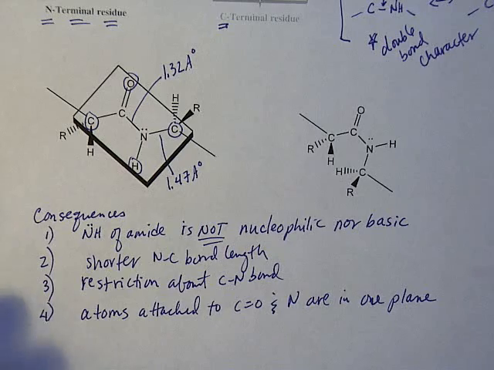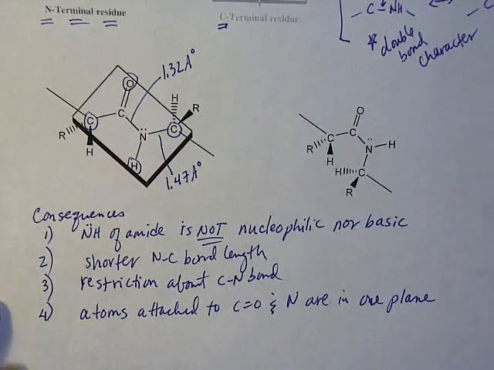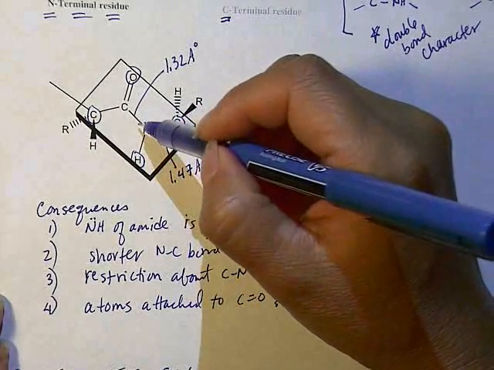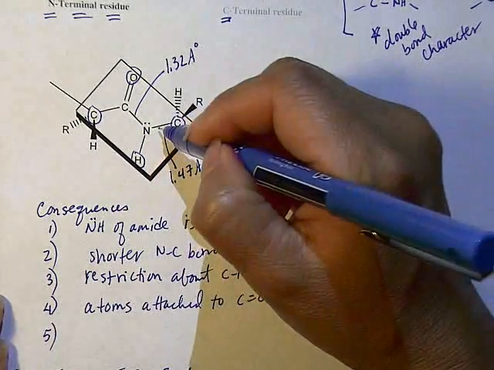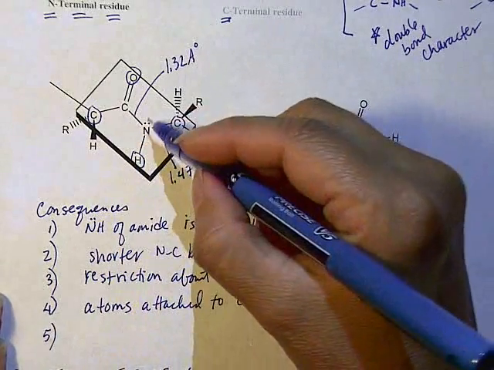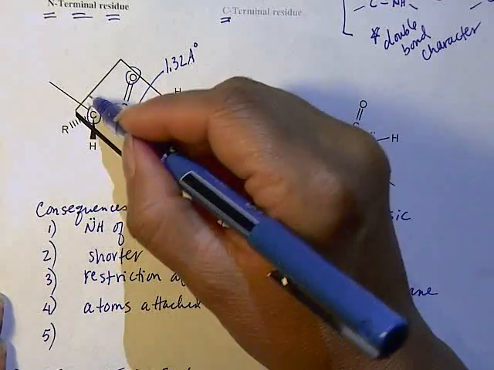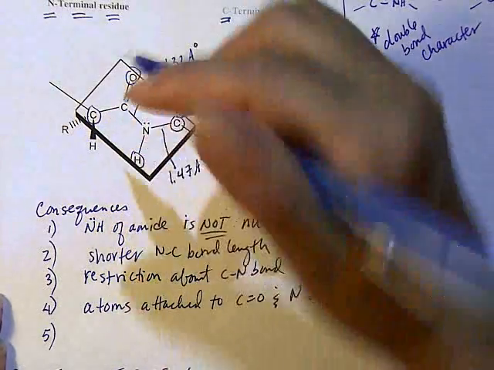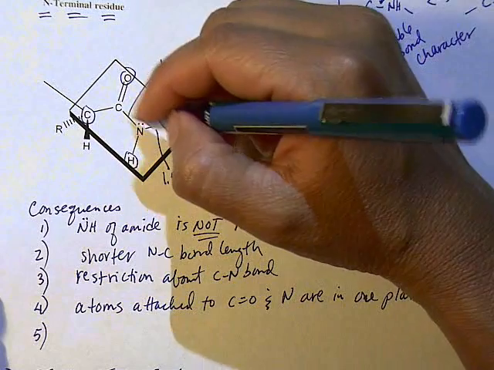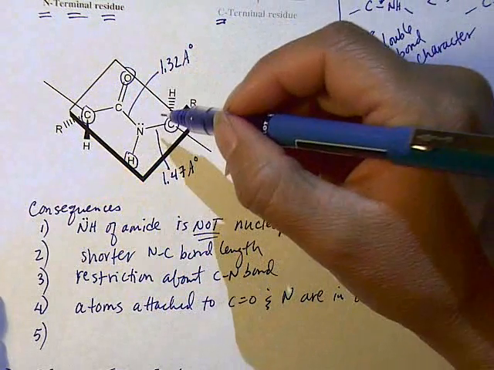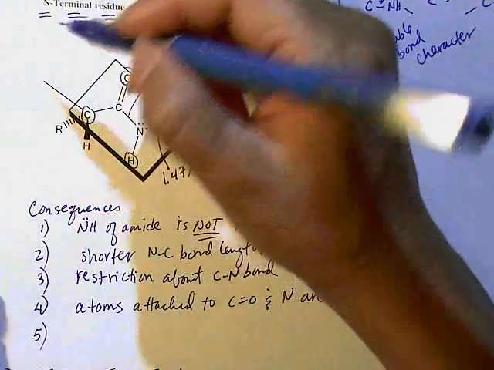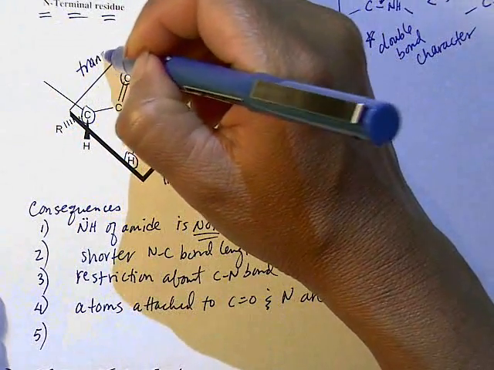Now the other consequence is that because there's a double bond character, there's a way in which you could rotate this, with this R group here and this R group here. Notice if you pretend that there's a double bond here, this R group and this group are in a trans-like conformation.